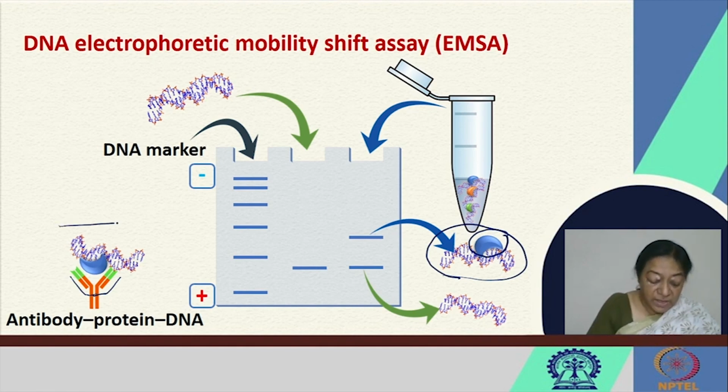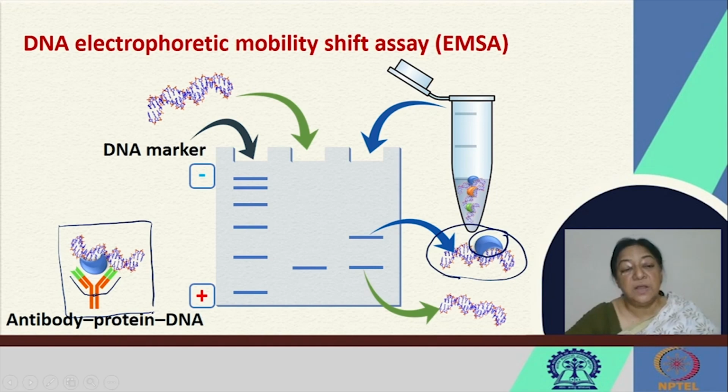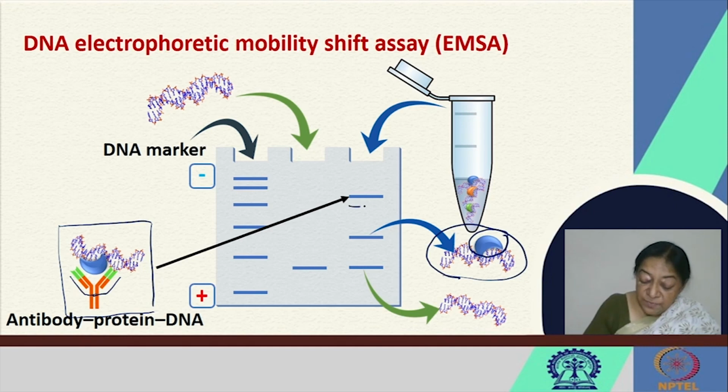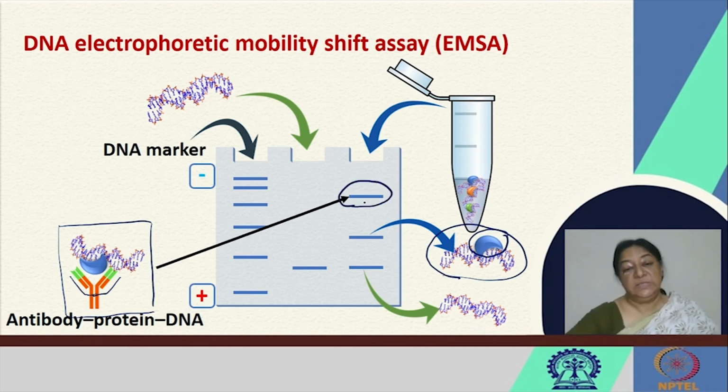So we have an even larger complex now due to the presence of the large antibody. And what is going to happen is the migration is going to be even slower, and our band will appear even further away from this. So the migration that we see would depend upon the size of the molecules.